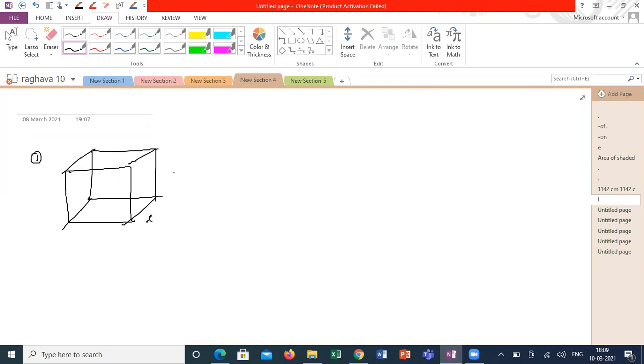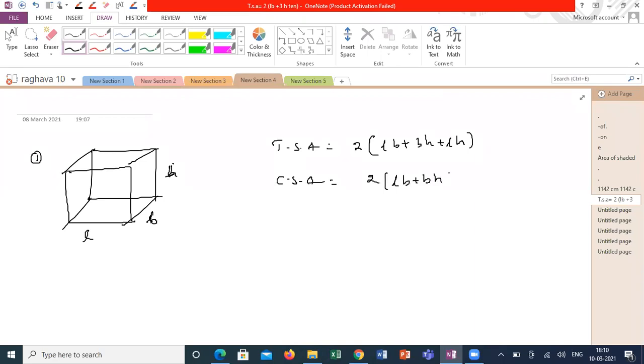This is L, this is B, this is H. What is the total surface area? 2 into LB plus BH plus LH. Curved surface area 2 of LB plus BH. Volume is LBH, cubic units, correct?